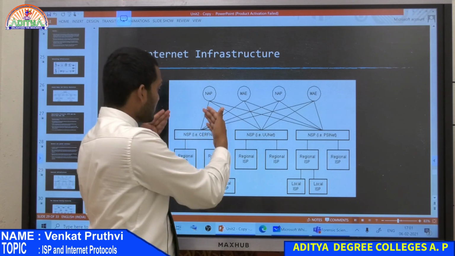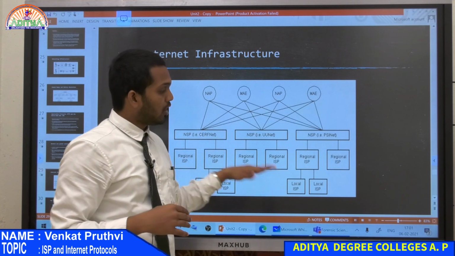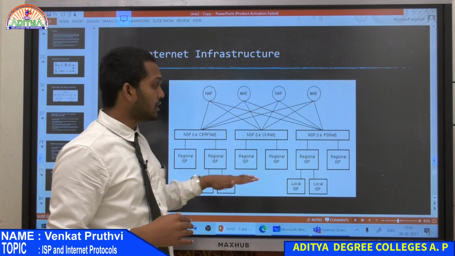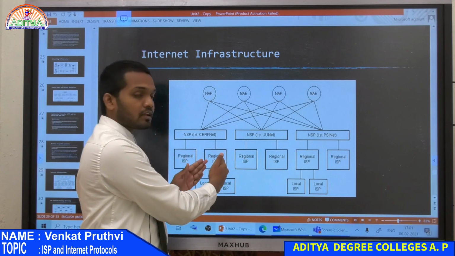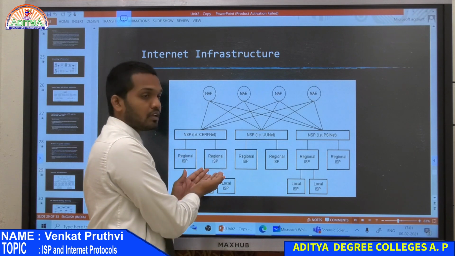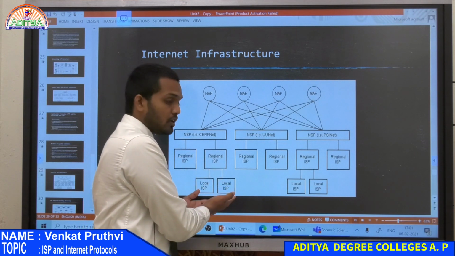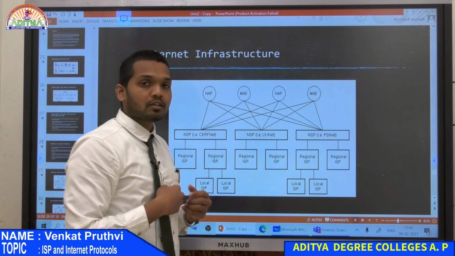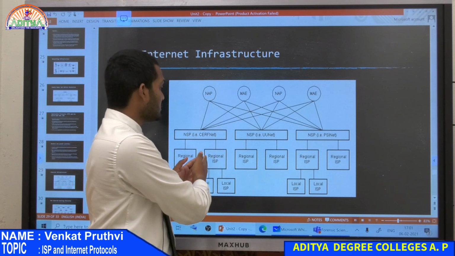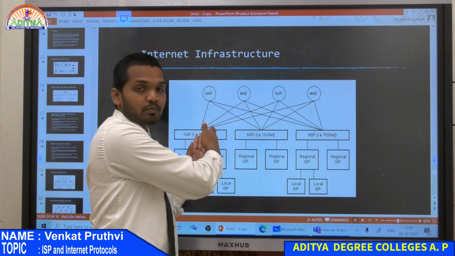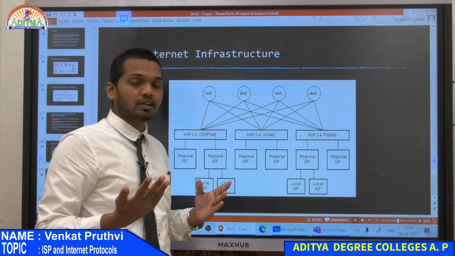That is how this happens. All of them are internet service providers, but at the local level it is the local internet service provider, and at the regional level it is the regional service provider. The local ISPs are the service providers for us, and for the local ISPs it's the regional ISPs. For the regional ISPs, it's the network service providers who provide the internet.